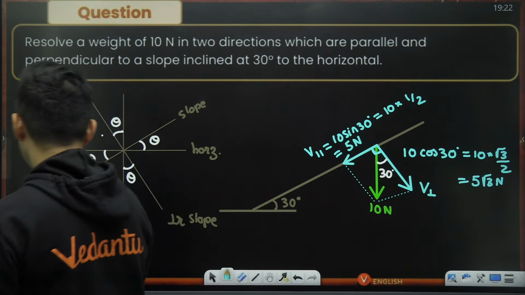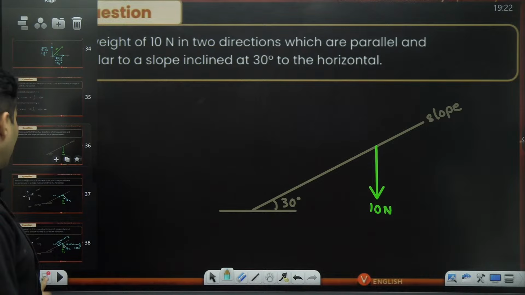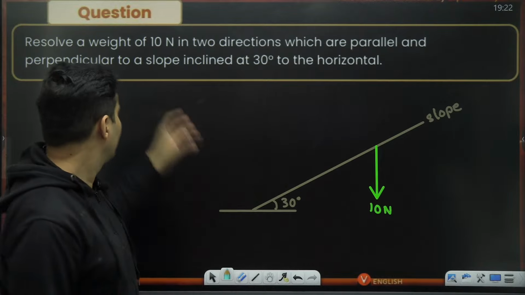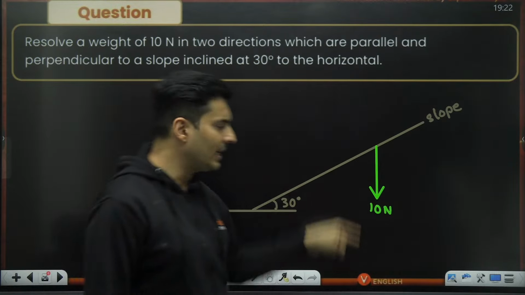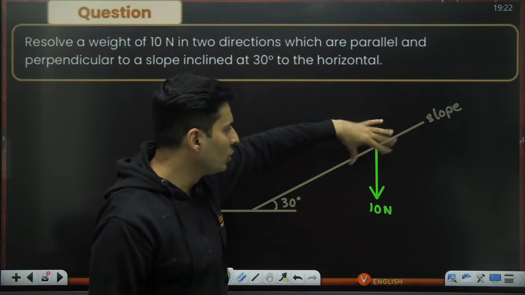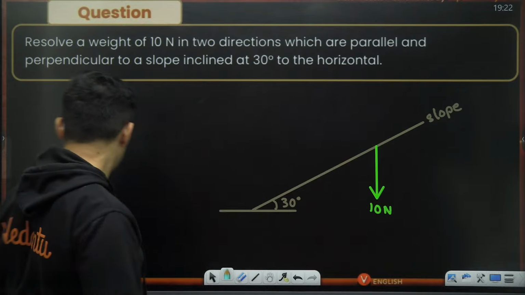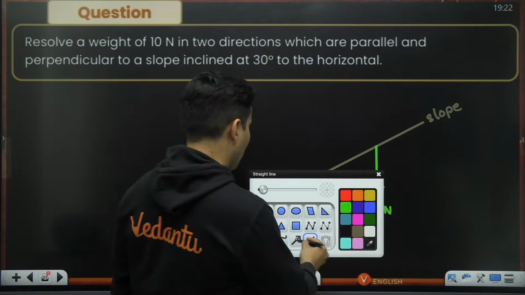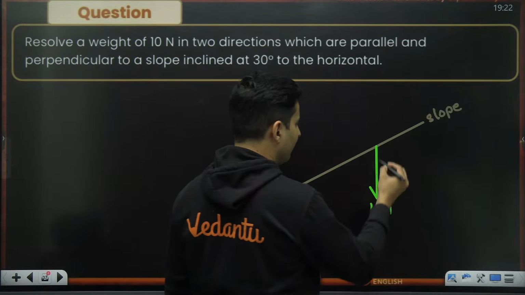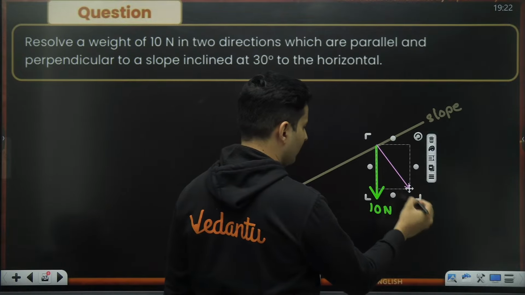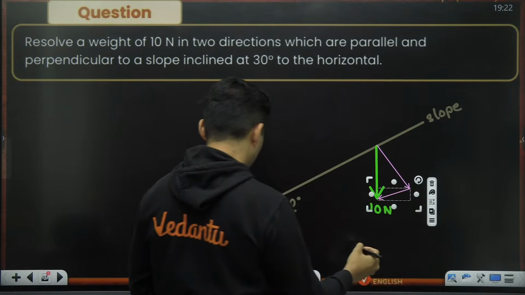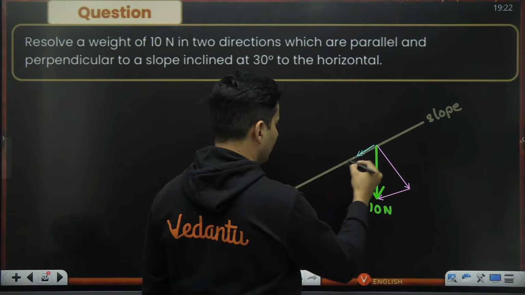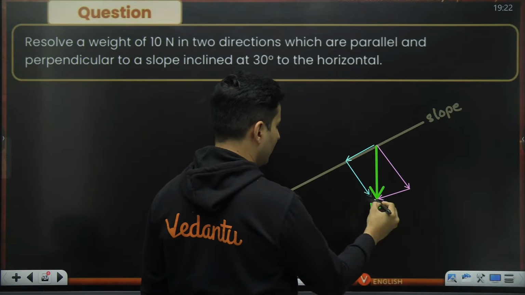So just to go through the problem again, this problem said there is a weight which will always act down, and we had to split it into two parts. There were multiple ways of splitting it into two parts, which are parallel and perpendicular. One way was to go like this and then like this. Another way was to go like this and then like this.